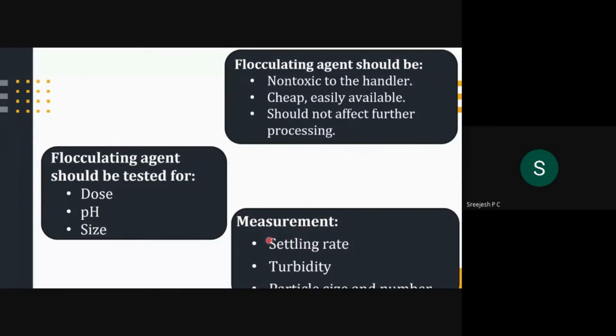The turbidity can be measured, so you can think about a turbidometer, or you can use a spectrophotometer to measure the turbidity of the solution. And you can also measure the particle size and number. So these are the various methods through which you can measure the formation of the macroflocs during the process of flocculation.